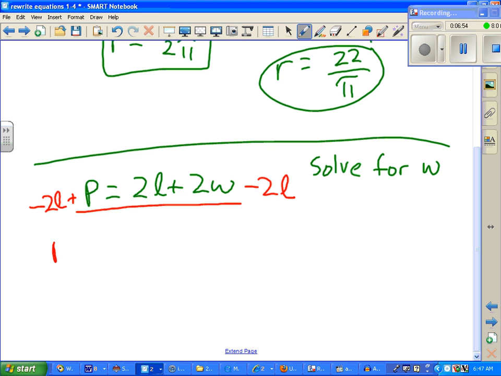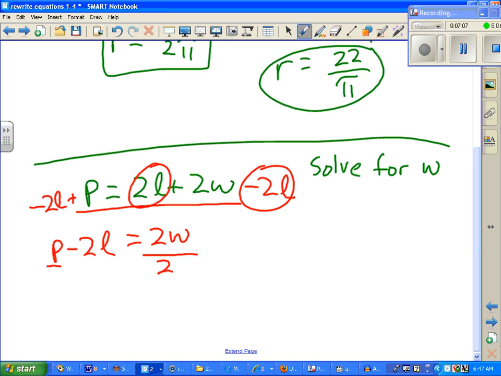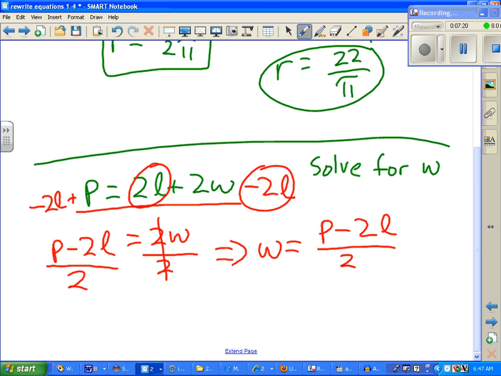So now I have P minus 2L, and 2L minus 2L is 0, equals 2W. Now the last thing I do is divide both sides by 2. Well, this won't be the last thing, because that'll be 1. So I end up with W equals P minus 2L over 2.